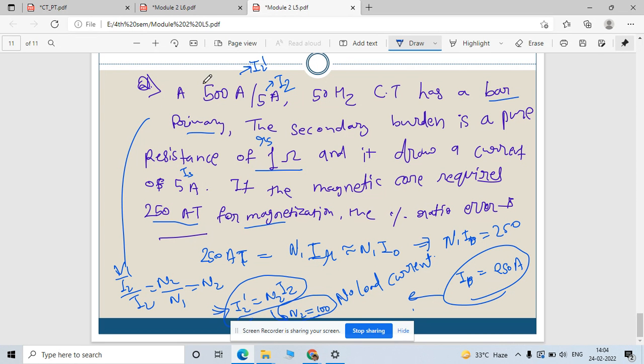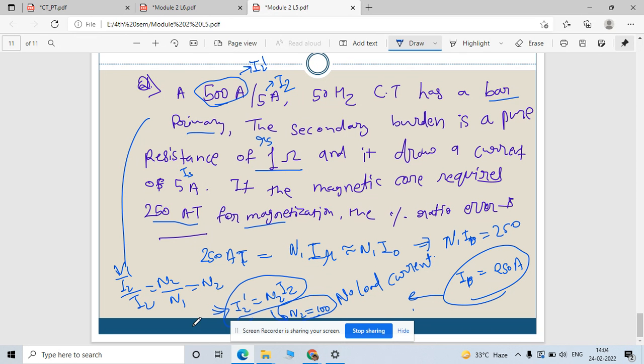And this I2 dash is nothing but your I2 dash here, which is used on the primary side, and this is your I2 current component. And this is nothing but this ratio. This ratio is nothing but your nominal ratio.